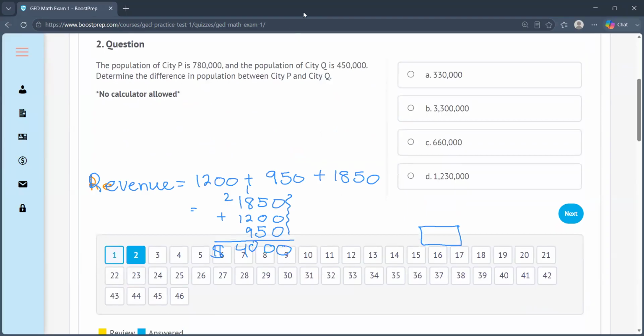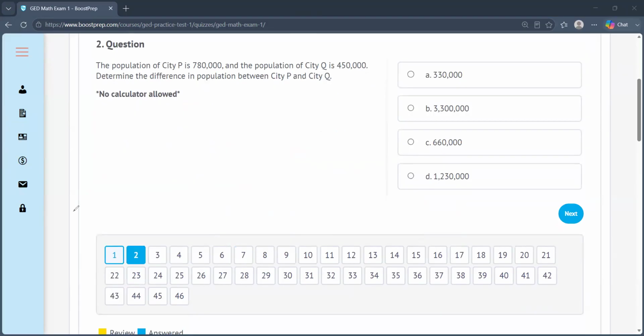Okay, question two, I'm going to clear. Question two says the population of city P is 780,000 and the population of city Q is 450,000. Determine the difference in populations between city P and city Q. When they say the difference, I automatically know it relates to subtraction, right?